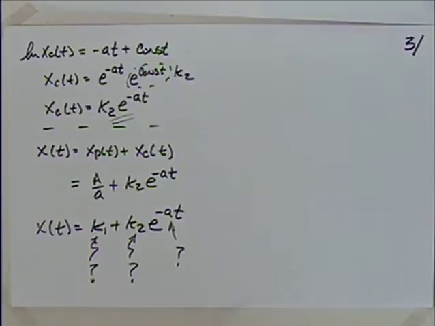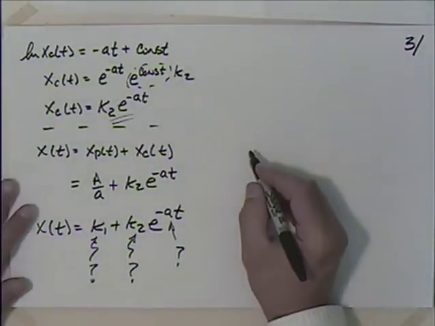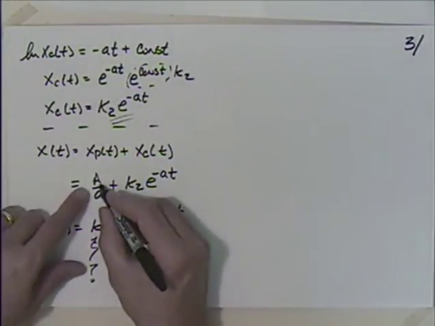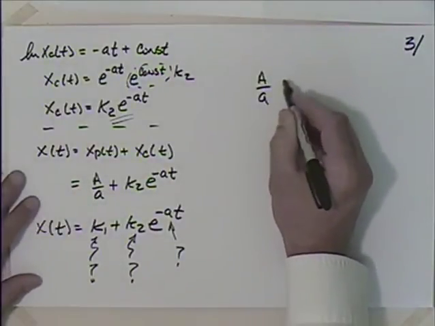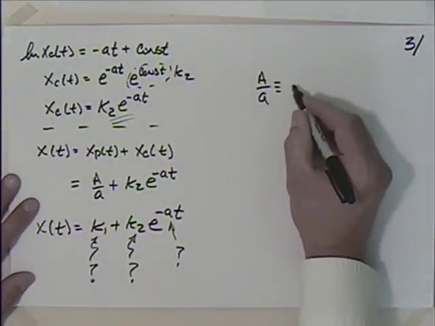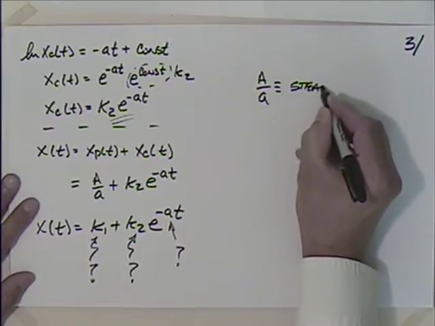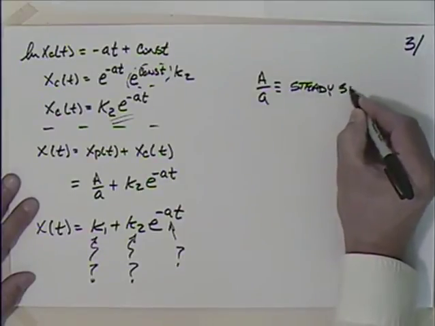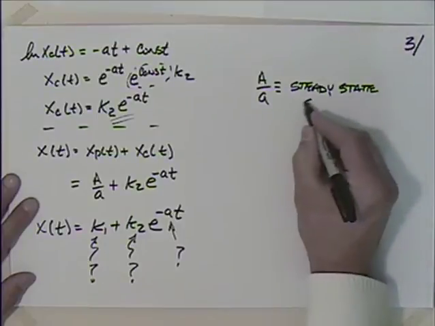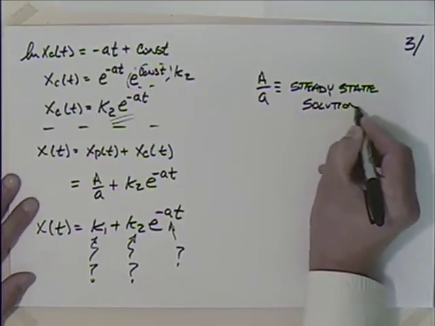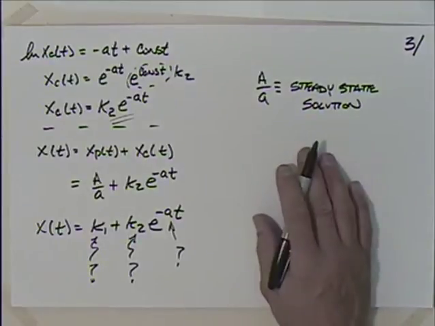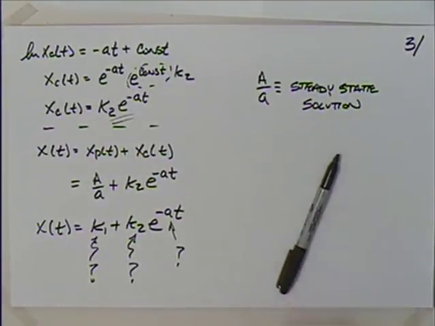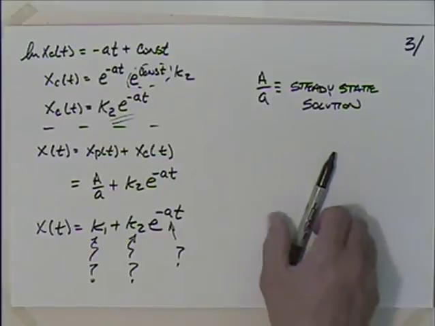Okay. A few things about this. We could say that back here, and why I wrote this as A over a, this is defined as our steady state solution. So we have the transient situation, where transient is going to be a function of time. We move a switch and we look at what's happening to voltage or current somewhere in a circuit.